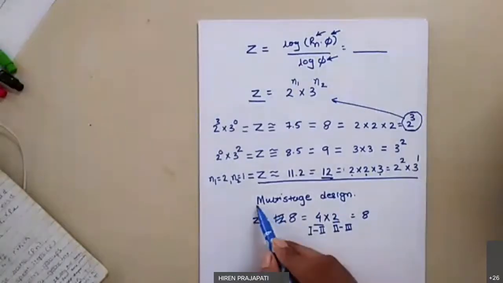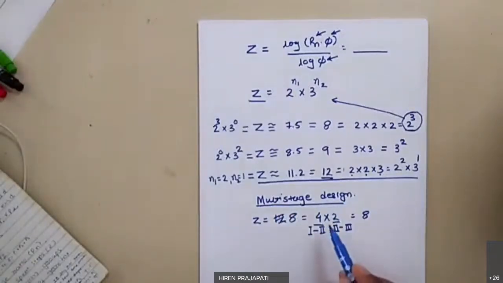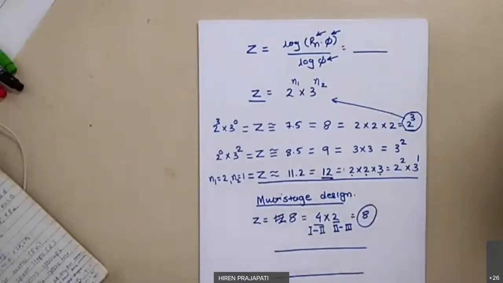So the main advantage of geometric progression is that we can go for a multi-stage gearbox design, so that we can utilize axial dimension as well as radial dimension. Instead of GP, if you use arithmetic progression or harmonic progression and still want 8 speeds, you need 8 different pairs: pair 1 gives one speed, then pair 2, pair 3, pair 4, and so on.